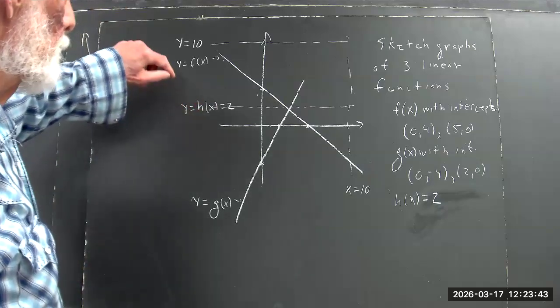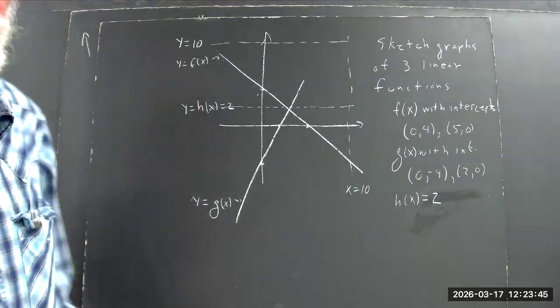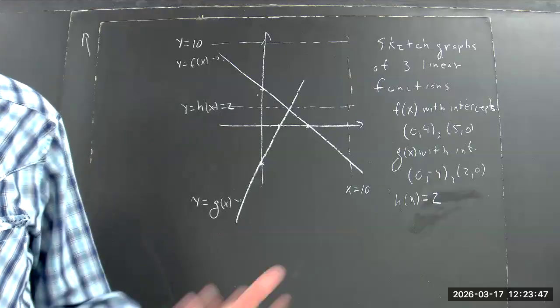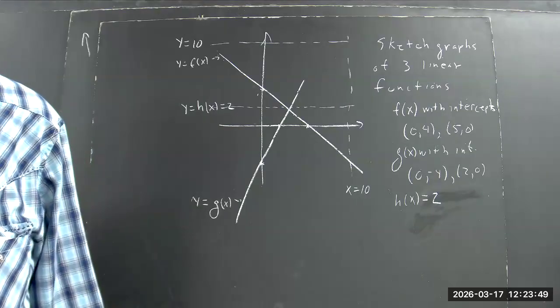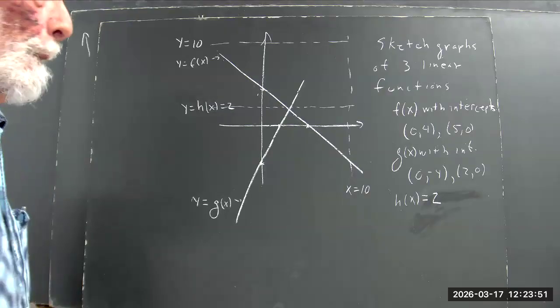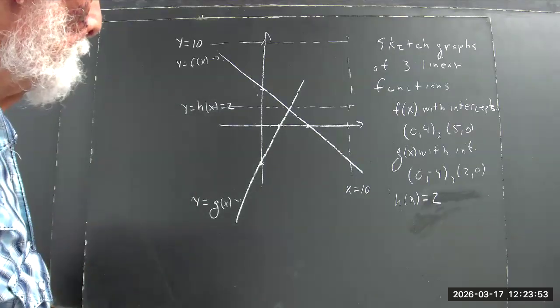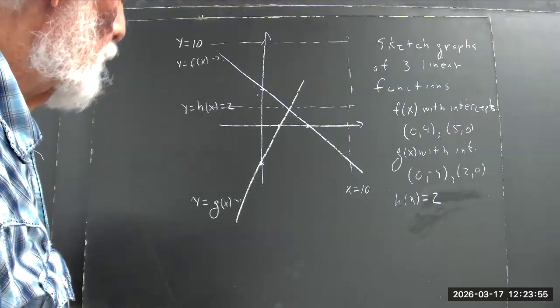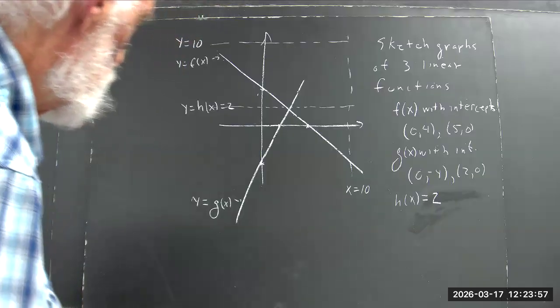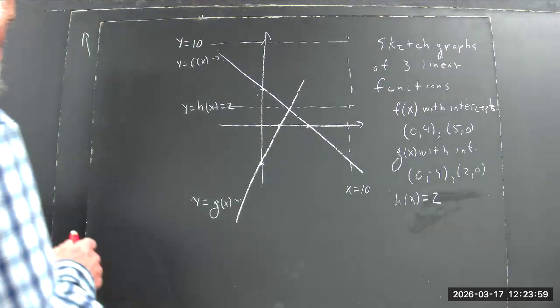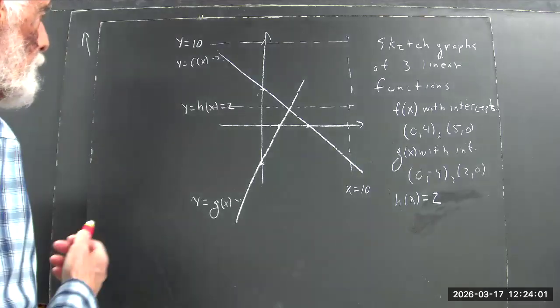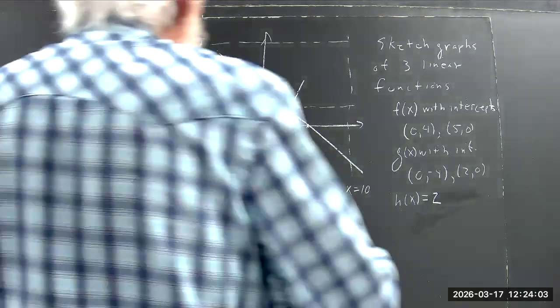We don't have the formulas for f(x) and g(x), but it would be easy to get them. We've got two points, so it's easy to get the formula. And of course, we have to know how to do that. All right, now I want to construct a couple more lines.